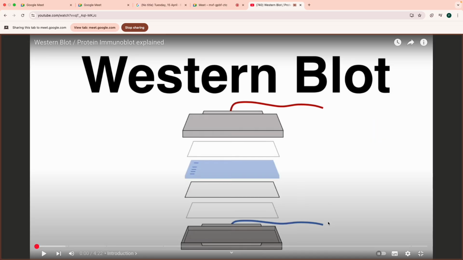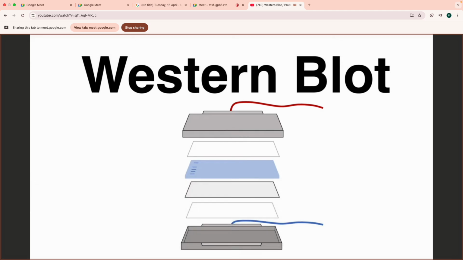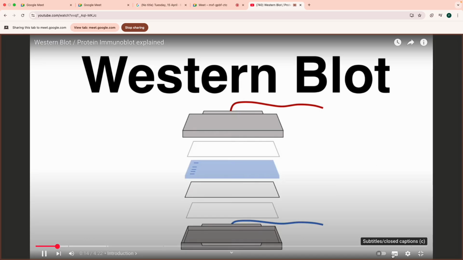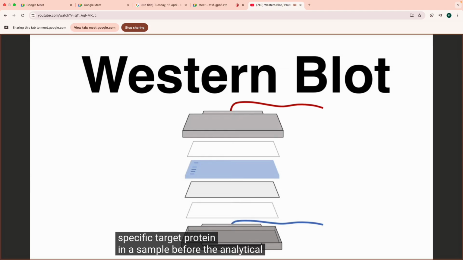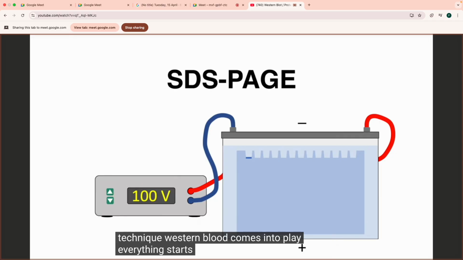Yes, ma'am. Okay. When working with proteins, one cannot get around the technique called protein immunoblot, or simply the Western blot. Western blotting is a method to confirm the presence of a specific target protein in a sample. Before the analytical technique Western blot comes into play, everything starts with an SDS-PAGE.